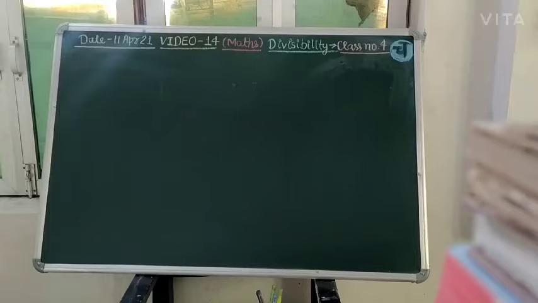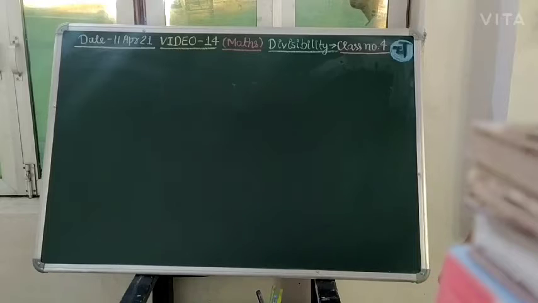By 5, the unit digit should be 0 or 5. The divisibility rule of 6 was that if the number is divisible by 2 as well as 3, then the number will also be divisible by 6.